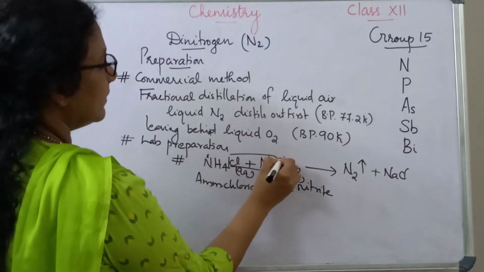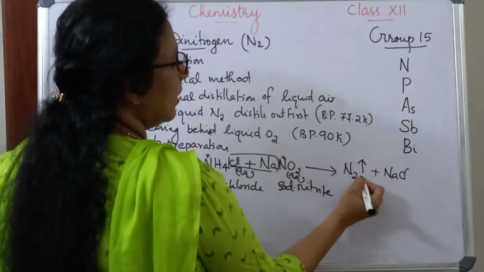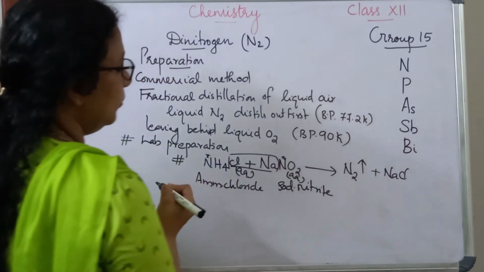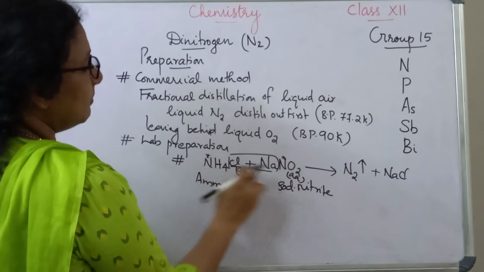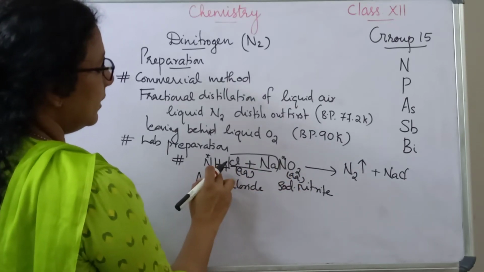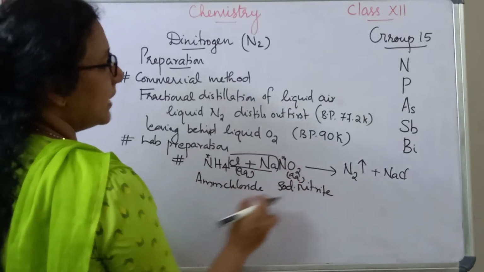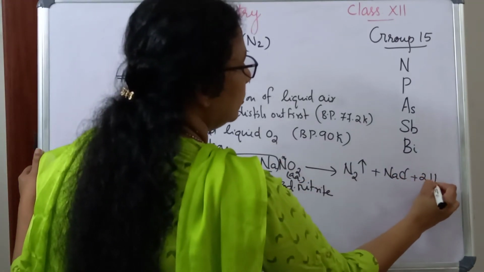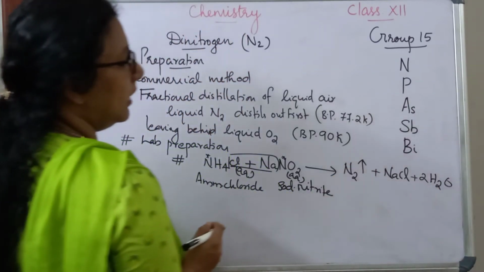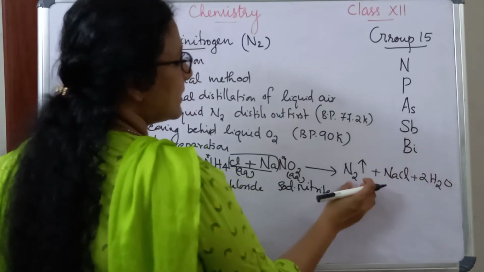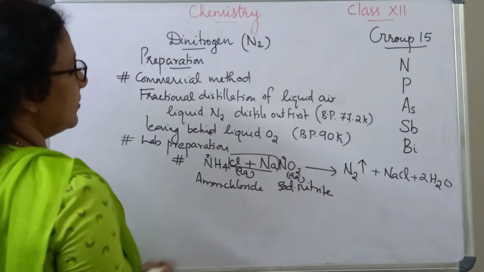Then N and N, these two nitrogen atoms come out as N2, and then the rest will be hydrogen and oxygen. So the maximum number of water molecules will be eliminated. Here 4 hydrogen atoms and 2 oxygen atoms are there, so it will be 2H2O. So NaCl and H2O are the byproducts. N2 is the main product. So this is the laboratory preparation of nitrogen gas.